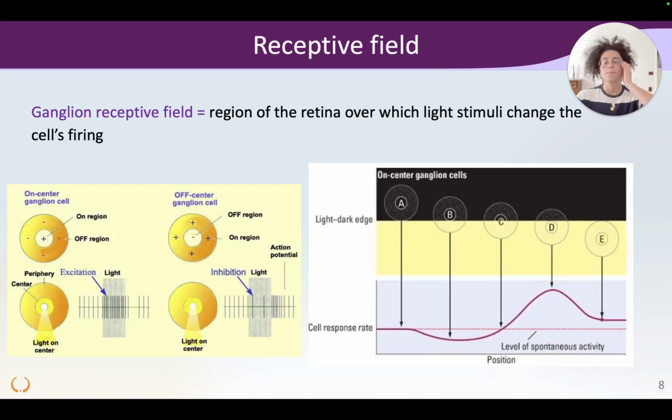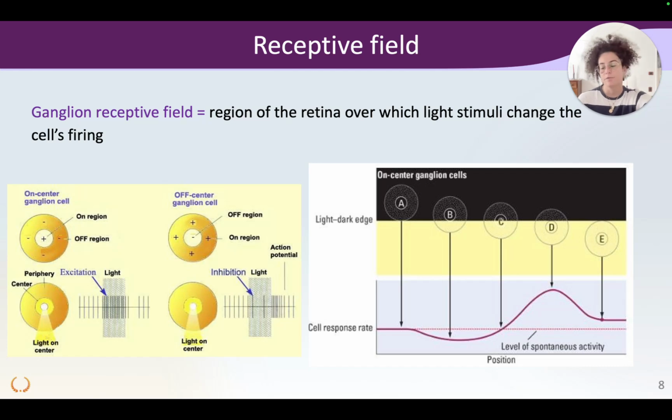Then we have the ganglion receptive fields, which are the region of the retina over which stimuli change the cell's firing. It is vital to remember that there are two types of cells involved.